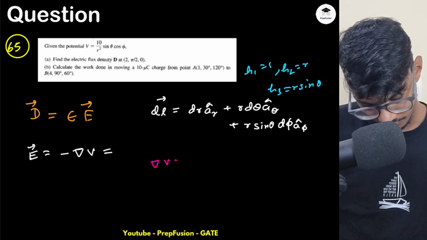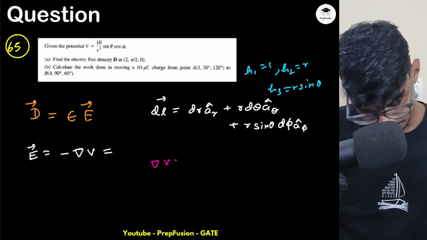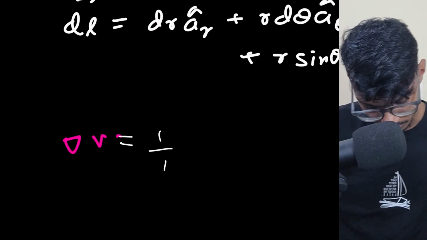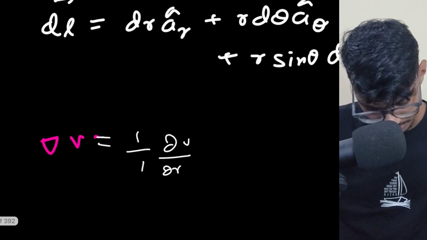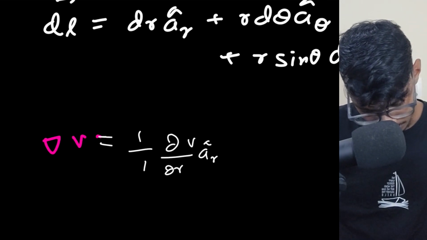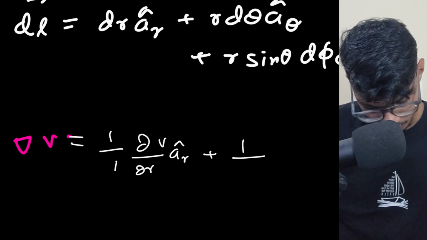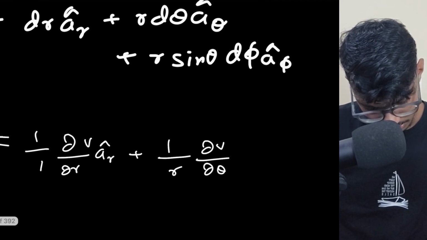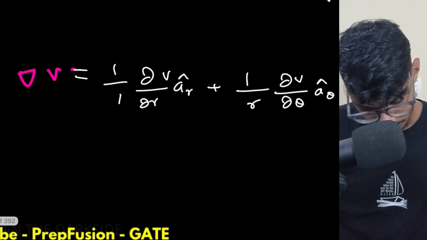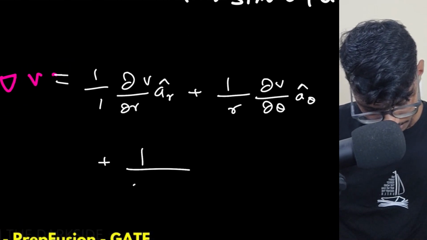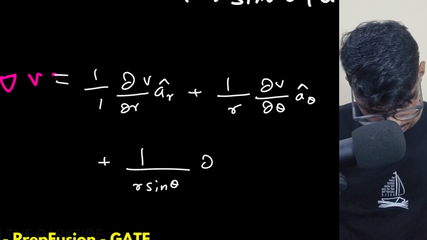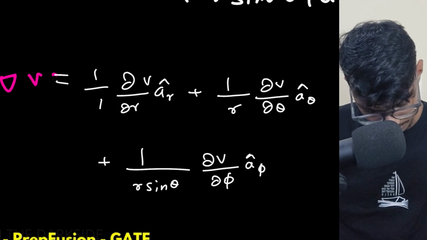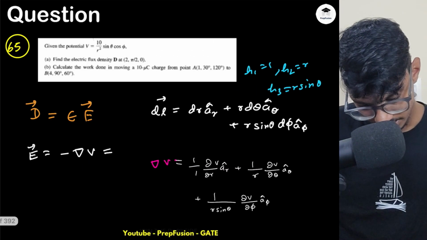For spherical I will write directly: 1 by h1, that is 1 by 1, del V del r a_r cap, plus 1 by h2, that is 1 by r, del V del theta a_theta cap, plus 1 by r sin theta, del V del phi a_phi cap. So this will be the expression for gradient, and I can simply solve it, right?